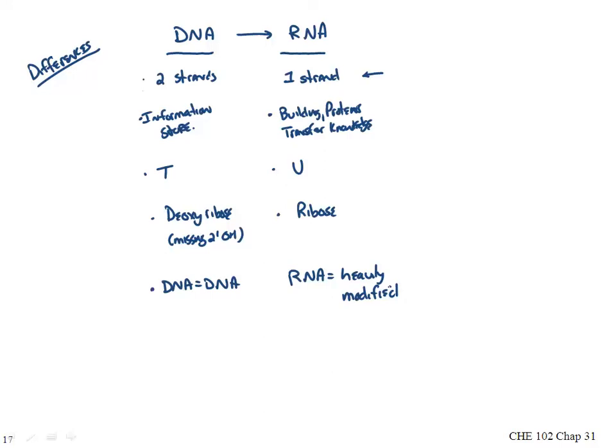So those are some of the differences. What are some of the things that are the same? I'm not so sure it matters in the grand scheme of things to focus so much on the sameness, although there are things that are useful. The biggest thing that's the same is that it's DP, DP, DP, and in RNA it really is RP, RP, RP.